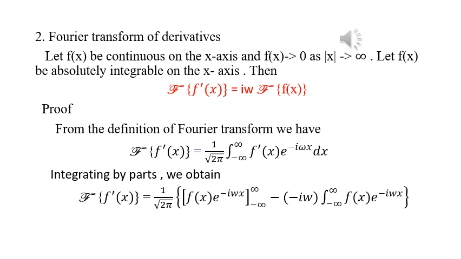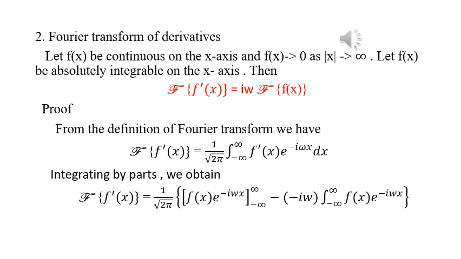Before integrating by parts, we have to see which is the first function and which is the second function. So here we have to take f dash of x as the second function and e raised to minus i omega x as the first function. The next step is: Fourier transform of f dash of x is equal to 1 by root 2 pi, f of x into e raised to minus i omega x from minus infinity to infinity.